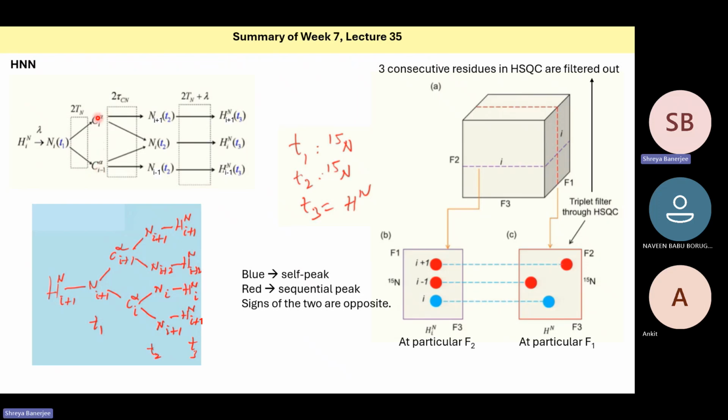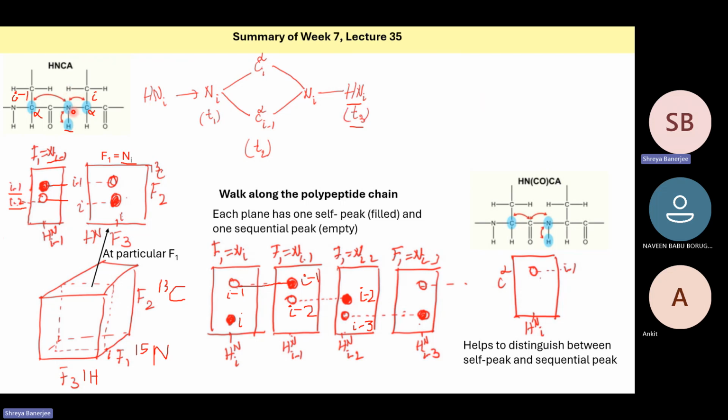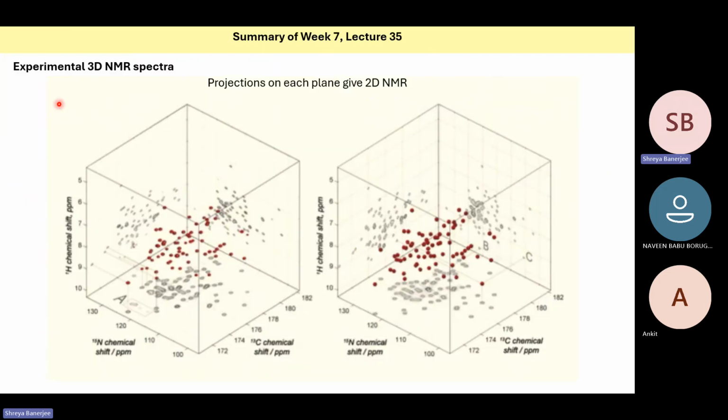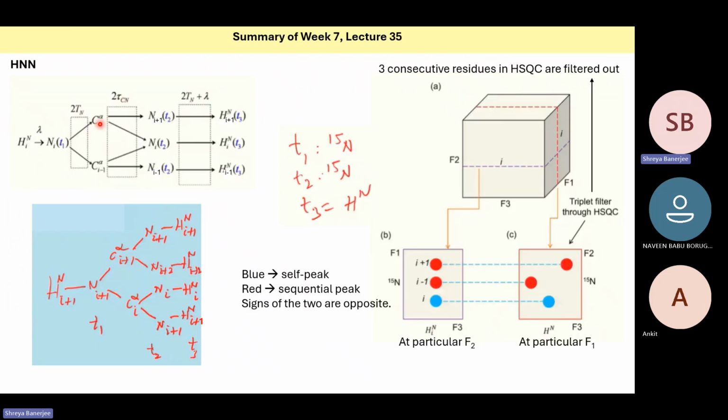This is where the difference comes into play. In HNCA, from C alpha you would have gone back to the same nitrogen. But in HNN, you go to the next nitrogen. So from C alpha i, you can go to nitrogen of i or nitrogen of i plus 1. And from C alpha i minus 1, you can go to nitrogen of i minus 1 or nitrogen of i.